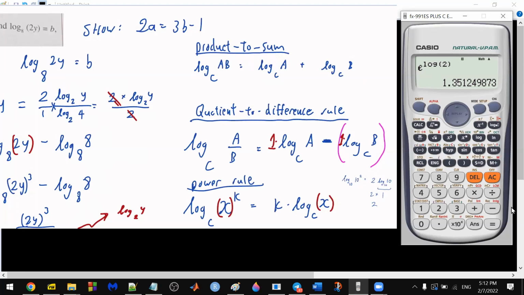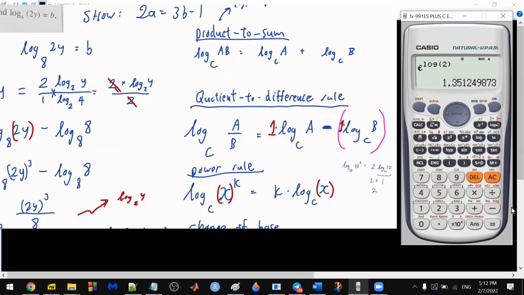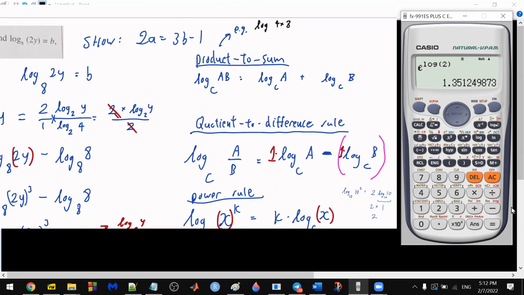Is that okay? Okay. So an example would be, let me think now. Logarithm of 4 times 8 base 2.